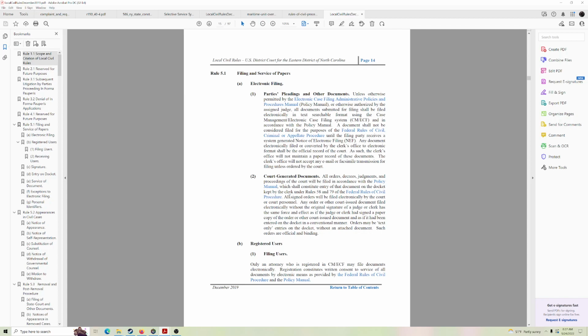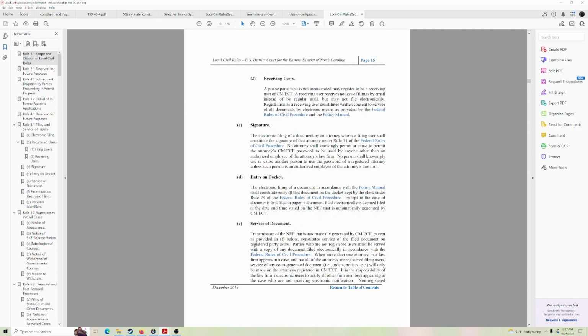B. Registered users, filing users. Only an attorney who is registered in CM/ECF may file documents electronically. Registration constitutes written consent to service of all documents by electronic means as provided by the Federal Rules of Civil Procedure and the policy manual. 2.